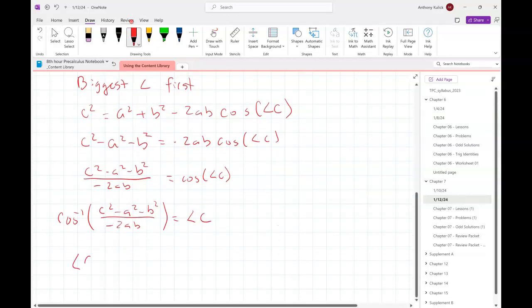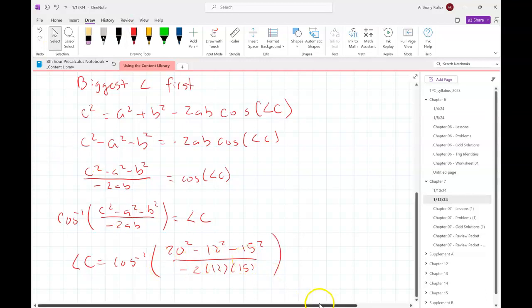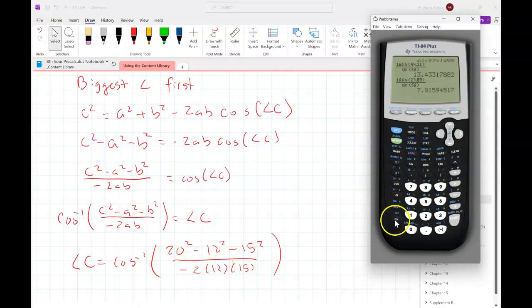So at this point, I'm going to now plug the numbers back in for myself and go to my calculator. Now, super important on your calculator here, do this all in one line. Make sure you're using the fraction command. Don't try to chunk this up.